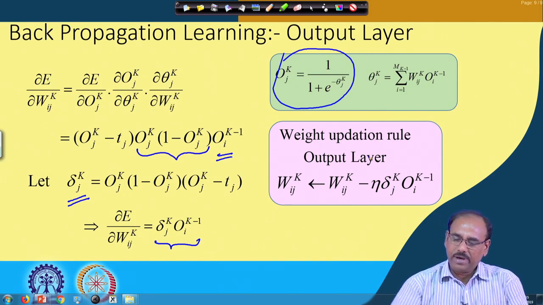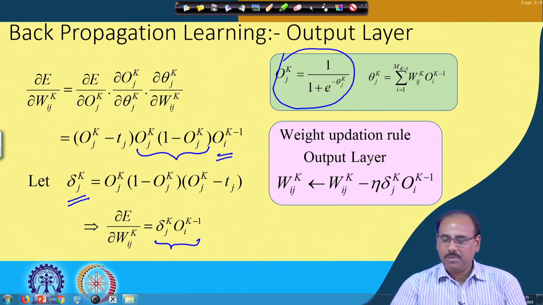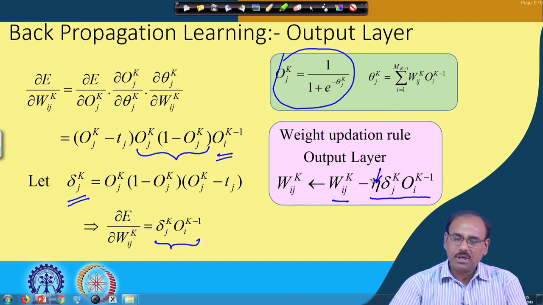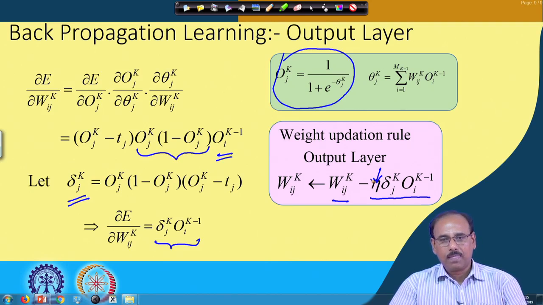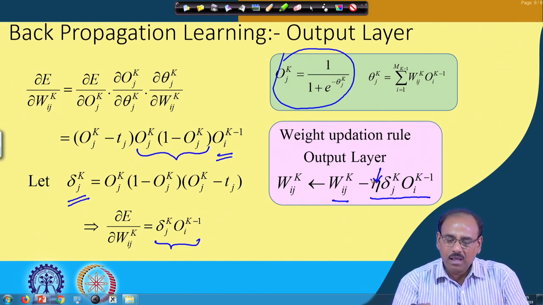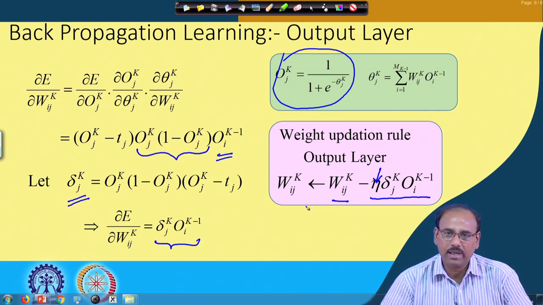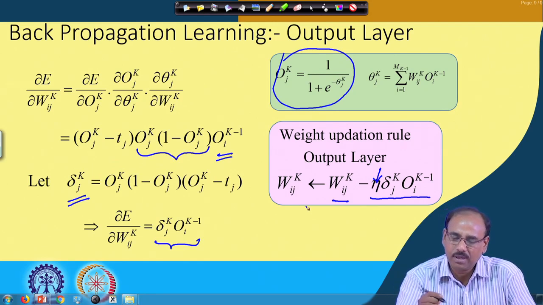Given this, the weight updation rule becomes Wij minus eta times δjk Oi(k-1), where this eta, as we said before, is nothing but a constant which controls the rate of convergence or the learning rate. So, this is how I can update the weights of the output layer, that is the layer between the output layer and the layer just before the output layer.